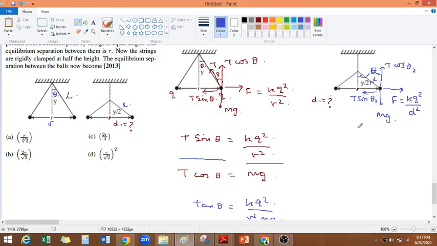So do the same thing. If I write the same thing, I will get T sin theta 2 is equal to kq squared by d squared, and T cos theta 2 is equal to mg.